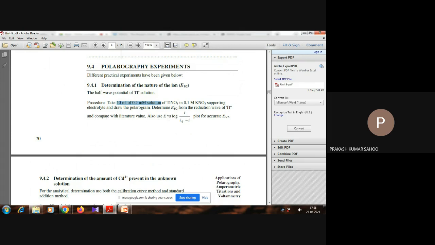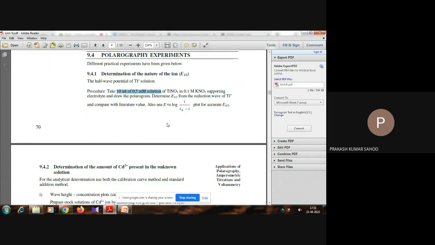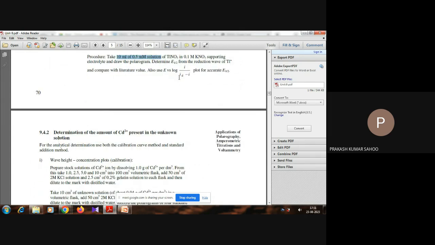Also use the plot of E versus log I/(I_D minus I) for accurate E half. So this will be the experimental part, and using thallium nitrate solution with 0.1 molar potassium nitrate as supporting electrolyte, we may determine the E half, that is the half-wave potential, using this equation.